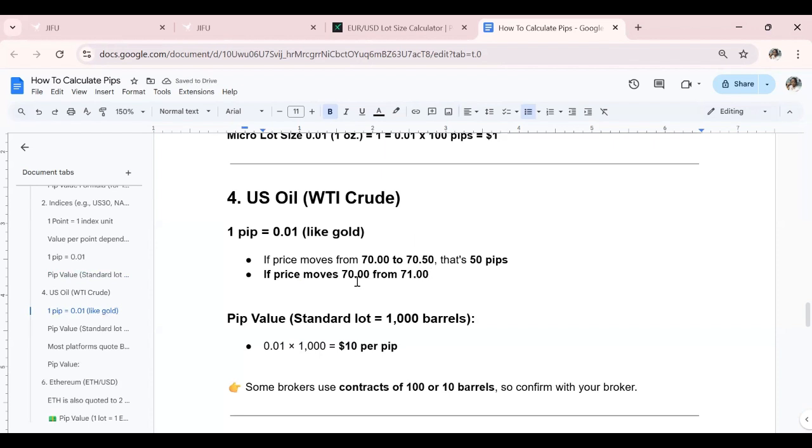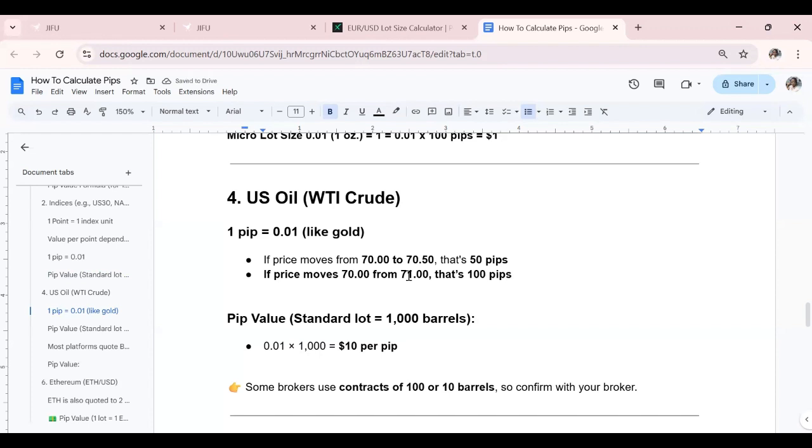The price has actually moved 100 pips. Do you understand? Yes, I do. Okay. So that's 100 pips.